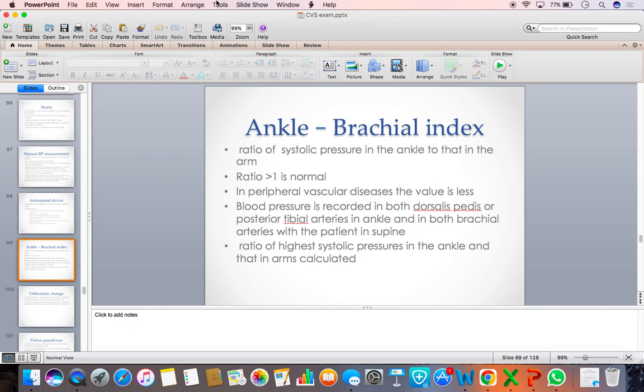The ratio of the highest systolic pressure in the ankle and that in the arms should be calculated. Take the highest systolic readings recorded at the ankle and the arms, then calculate the ratio. This should be the practical method of doing things.